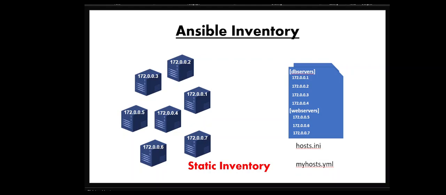But there are some other scenarios where your inventories, the list of your IPs or your servers, are constantly changing. The example that we gave was auto-scaling instances, that scale the number of your servers up and down based on your application workload. If you have more traffic to your application, it scales up.